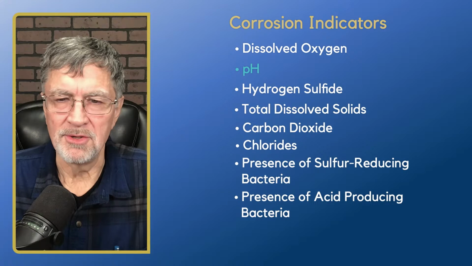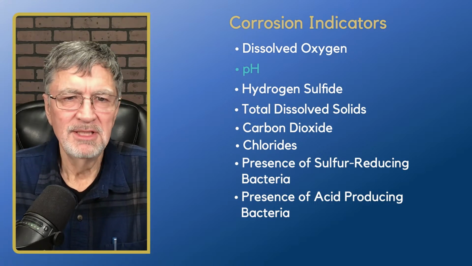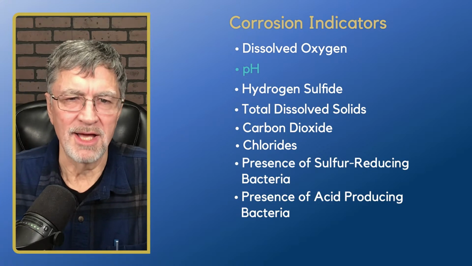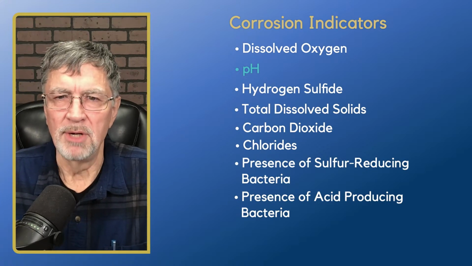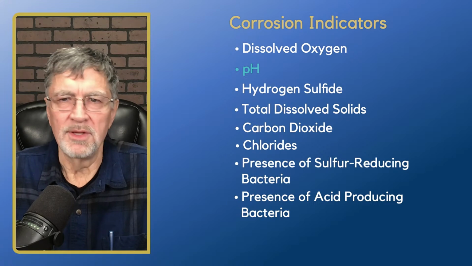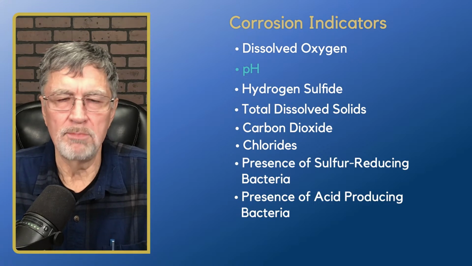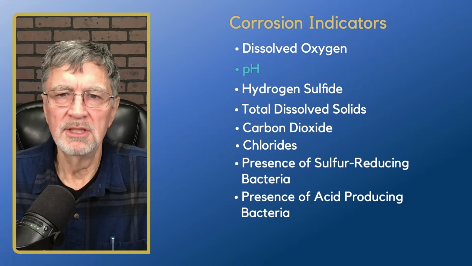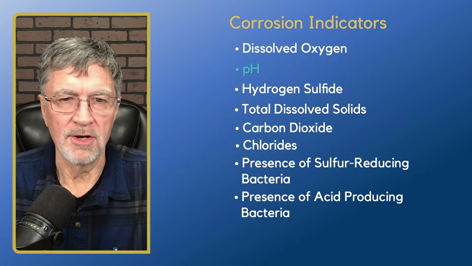And also the bacteria components, so we can get microbial induced corrosion. Once again, we're not talking about that today, how that happens, but just know here that as far as corrosion indicators go, pH is generally going to be the most important in your corrosion indicators.